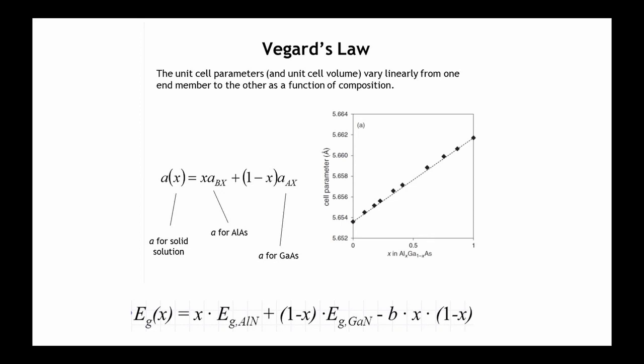Now, Vegard's law gives the parameters of the unit cell. Let us say this A is the lattice parameter, here of aluminum arsenide.